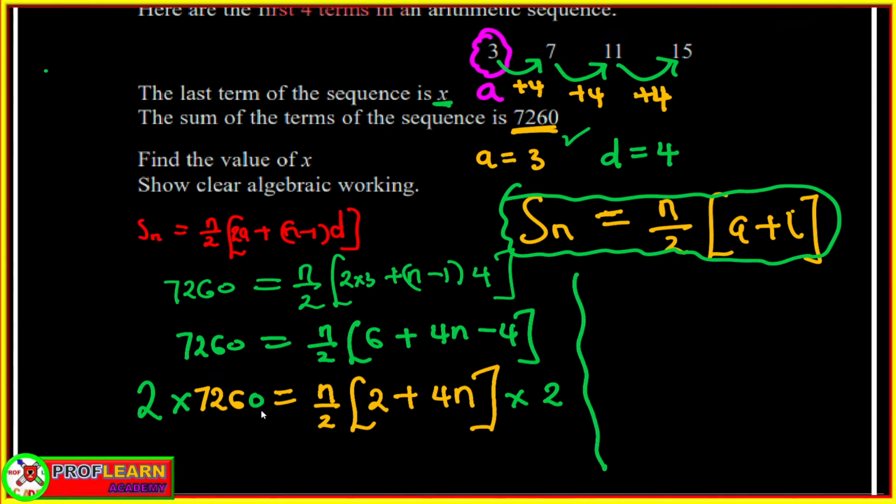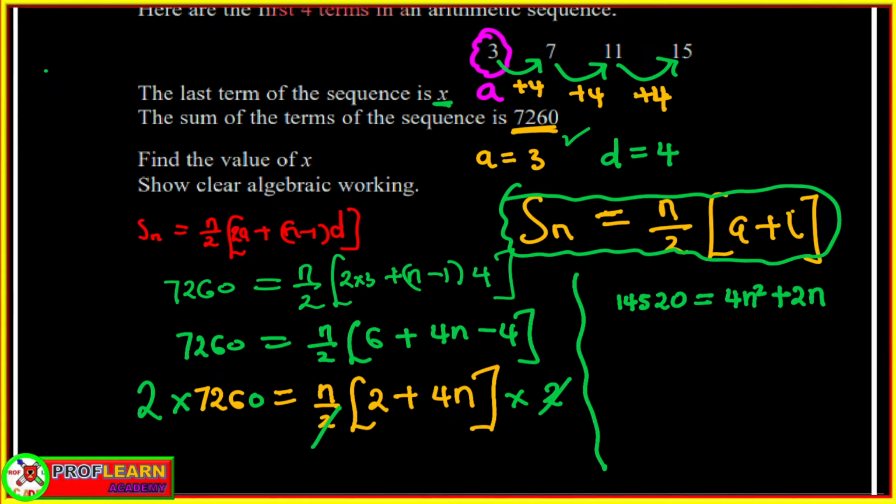So if we multiply 7260 times 2, that is going to give us 14520. In that case, 14520 is equal to, if we open the bracket, because this part and this part cancelled, so we are going to get 4n squared plus 2n.